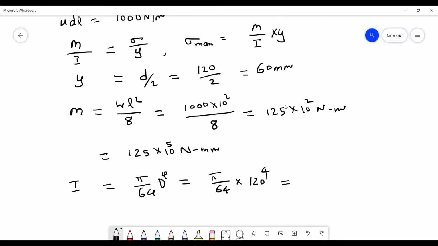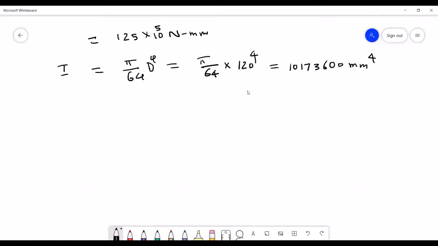When you do the calculation, we get 10173600 millimeter raised to 4 as the moment of inertia I. Now put this in our equation. So sigma is equal to M upon I into y.